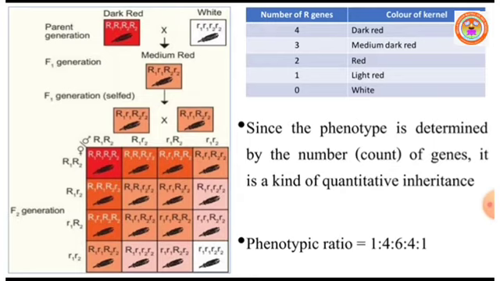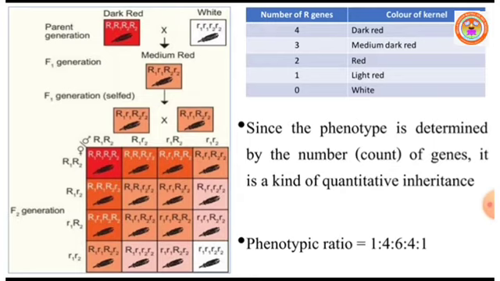The pure breeding dark red kernel variety of wheat is crossed with the white kernel variety of wheat. The F1 generation was raised. The phenotype of the F1 generation is medium red.